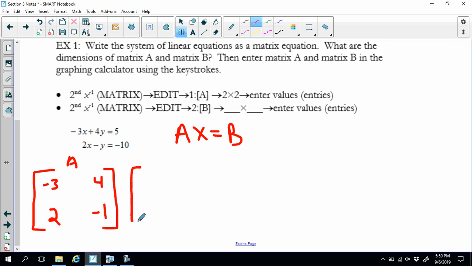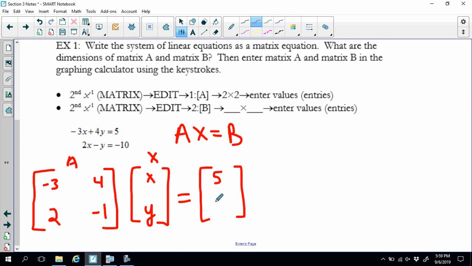Now our X matrix is just dealing with the variables. Notice here that we're using x and y as our variables. Then we set it equal to our B matrix. Now the B matrix holds the constants, so basically the numbers without the variables. Notice we have 5 and -10.